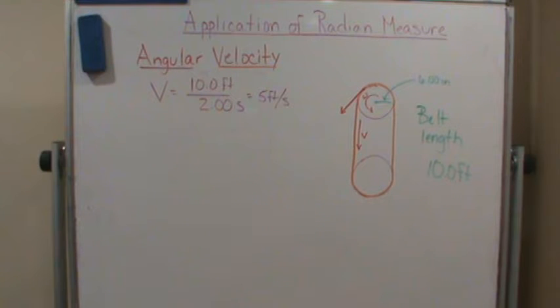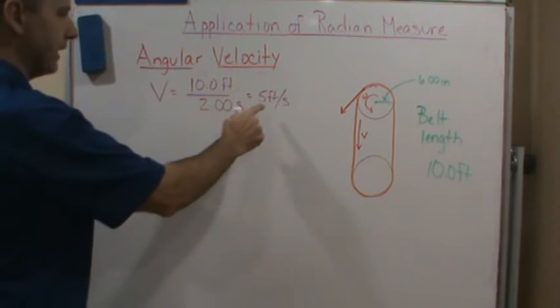Okay, now the radius of the pulley is 6 inches. So let's change this, because we've got feet here.